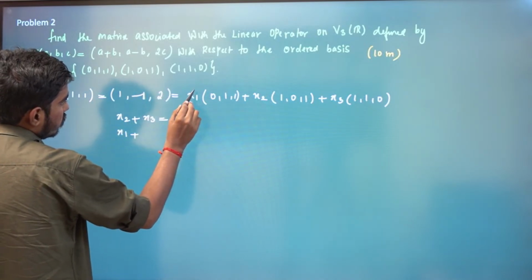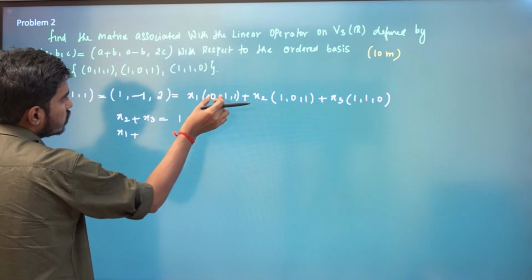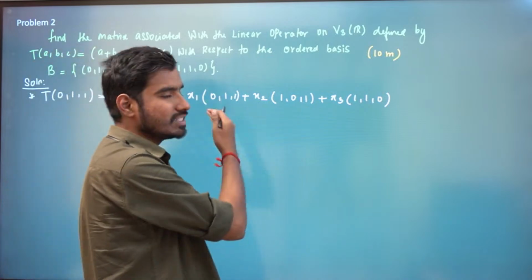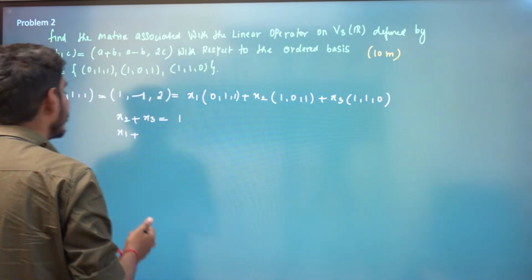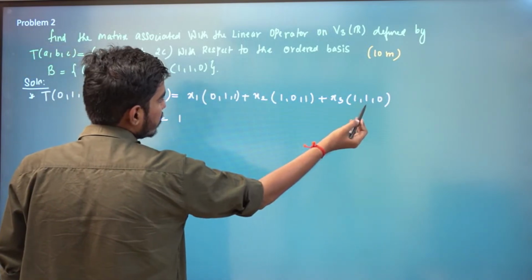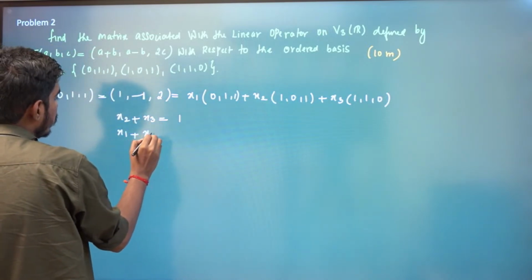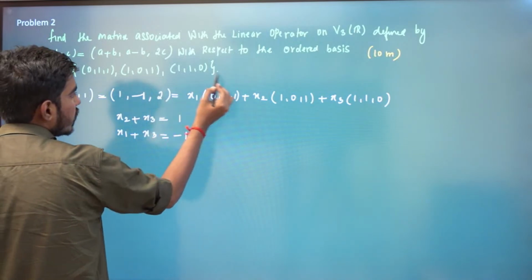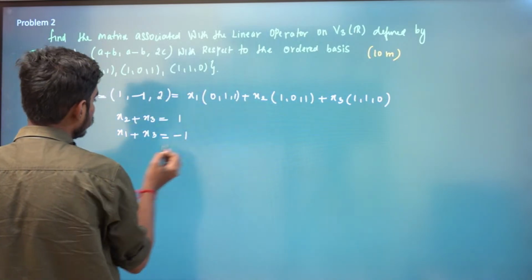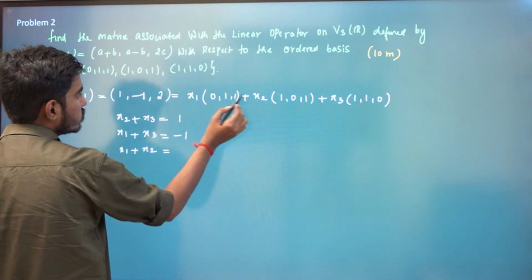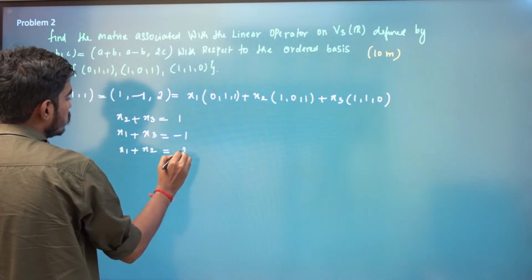Just compare the second coordinate, right? Second components: x1 plus 0 x2 plus x3. So we have x1 plus x3 is equal to minus 1, and then we have x1 plus x2 is equal to 2, right?